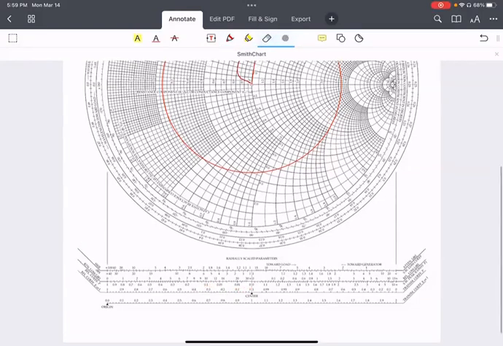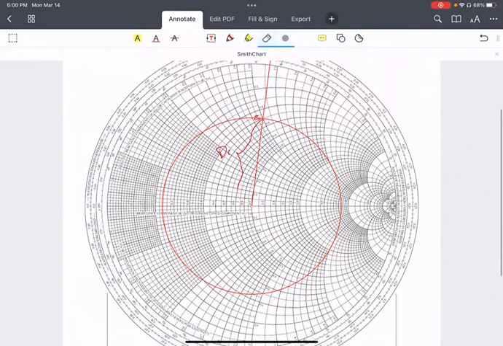Calculate yours and tell me what values you get for the magnitude of gamma. 0.6-ish, okay, and I think you got 0.62, is that right? Yep.